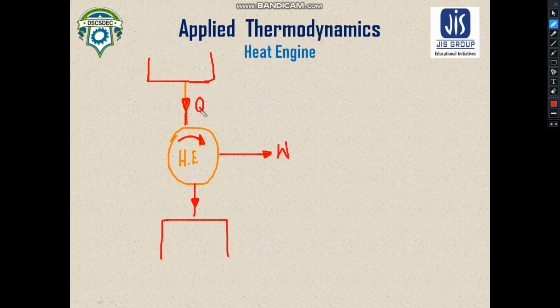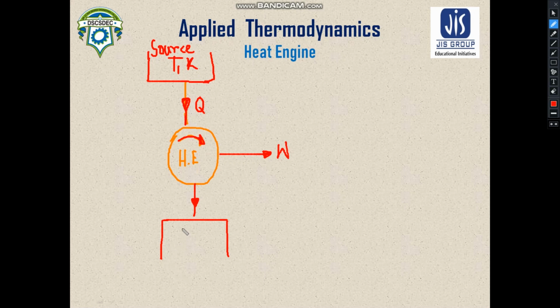Here heat addition is taking place, which means this heat engine should be in contact with a high temperature reservoir. Let us assume the temperature of this high temperature reservoir is T1 K. Let us call this reservoir the source.